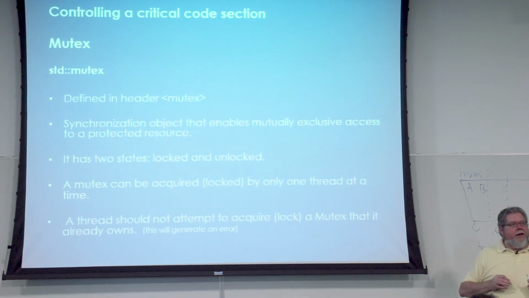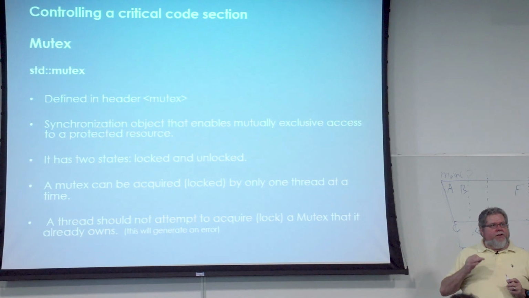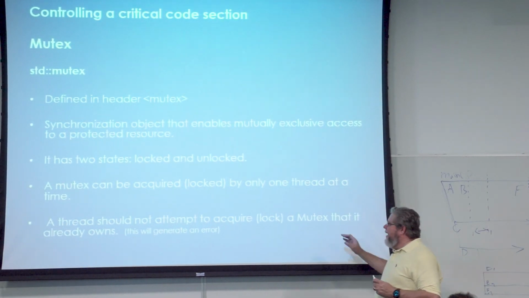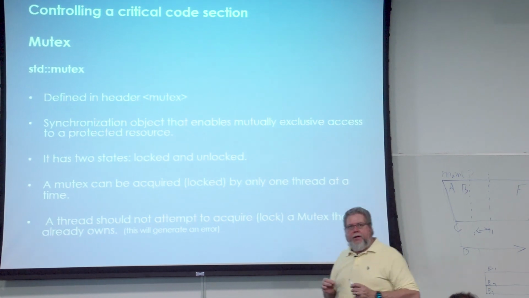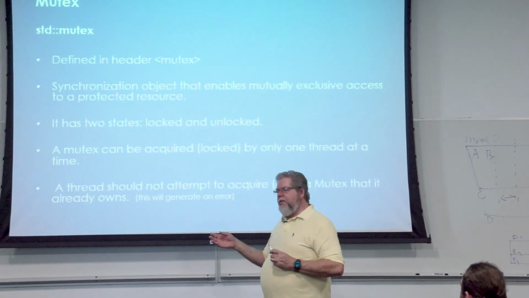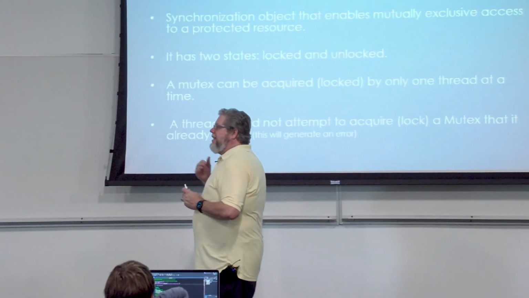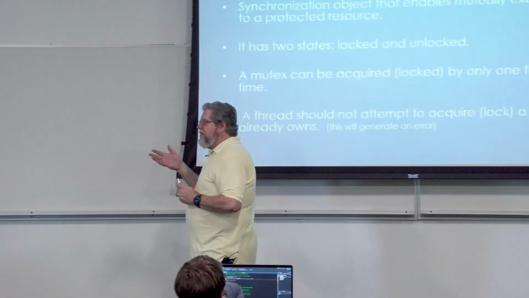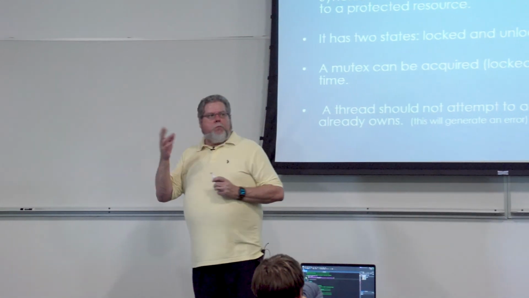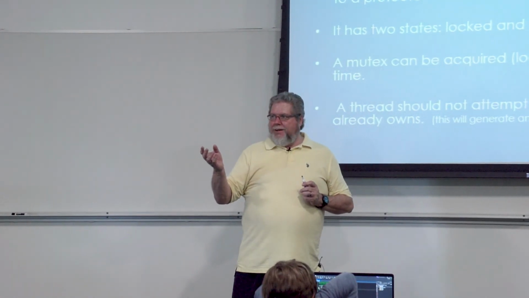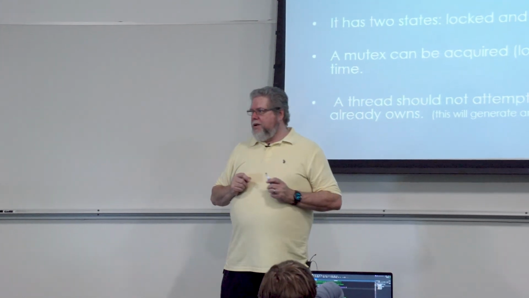This is only going to lock a single thread, single object at a time. All right? If I have a thread, thread 1, and it locks something, and a different thread comes up and tries to lock it, it will get blocked under most circumstances and get put into that waiting queue.